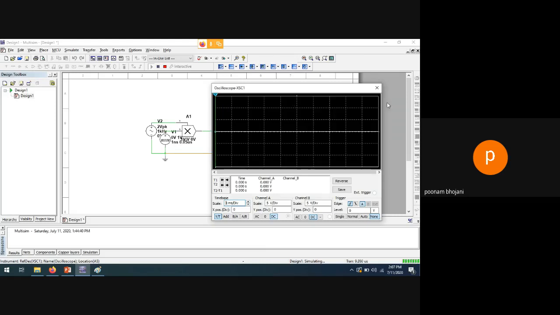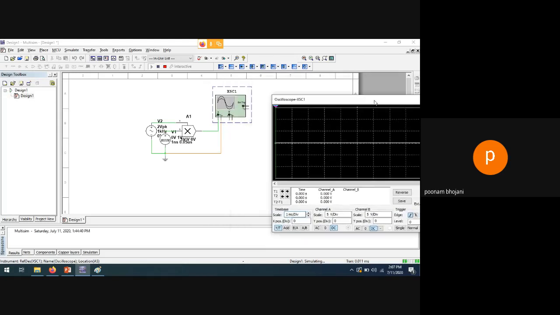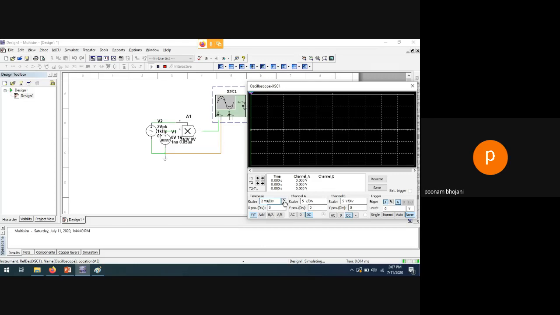Whenever you run this circuit and see the output, let me increase or decrease and see what is happening. Okay, see, I am getting this type of spikes.